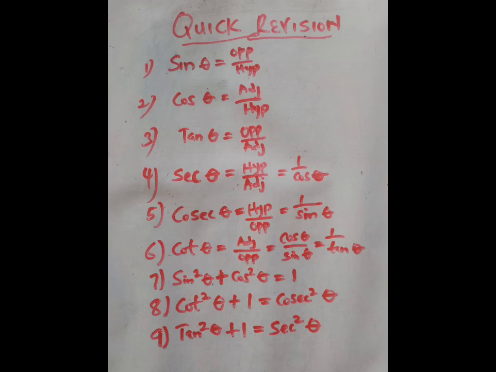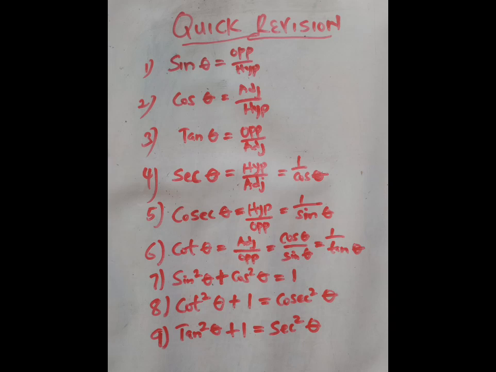Tan theta is opposite over adjacent. Sec theta is hypotenuse over adjacent, the inverse of cos. Cos is adjacent over hypotenuse, so sec theta is the inverse of cos, which is hypotenuse over adjacent.